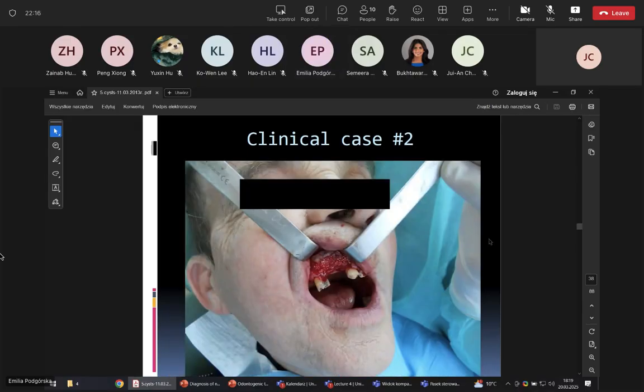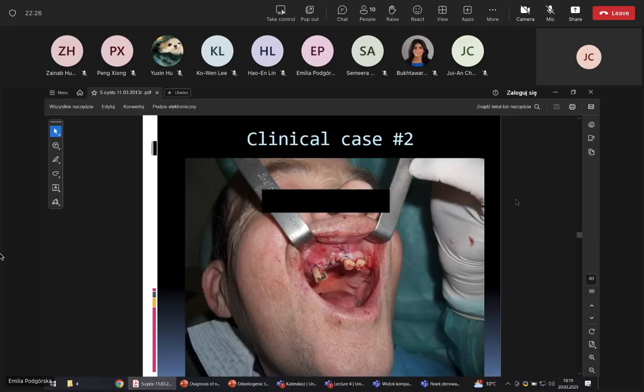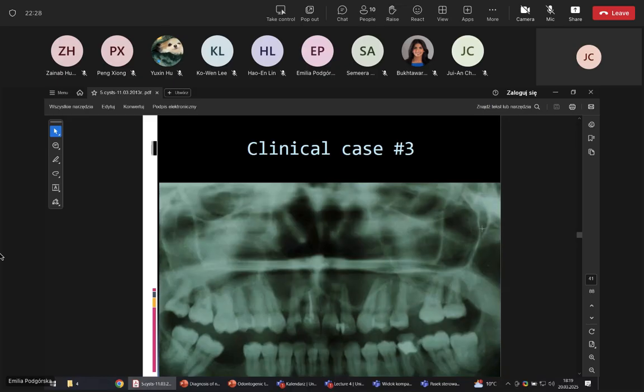Augmentation. And good therapy. Here we have two giant cysts.